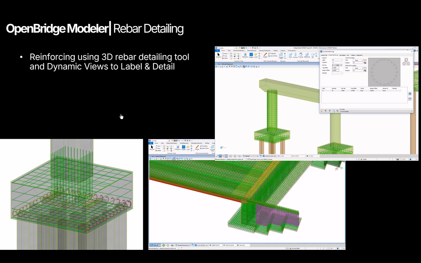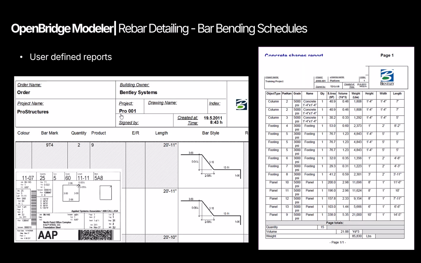The advantage of doing this 3D detailing is not only on verifying conflicts, but the ability to do bar bending schedules, bill of materials, and not only even that, but sending that rebar detailing and the schedules to the rebar cutting machines.